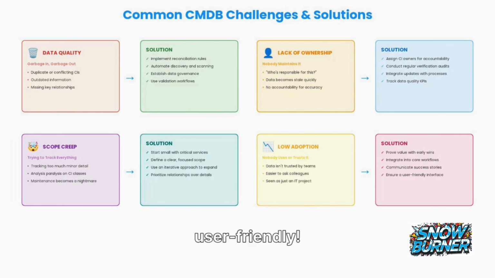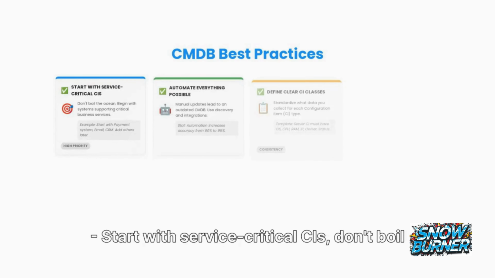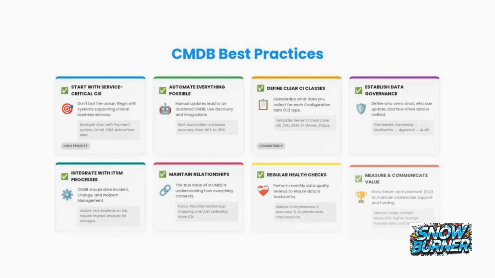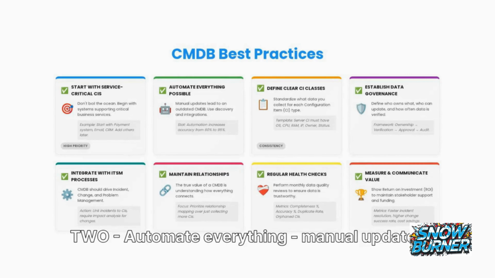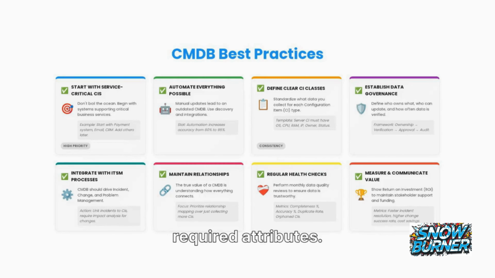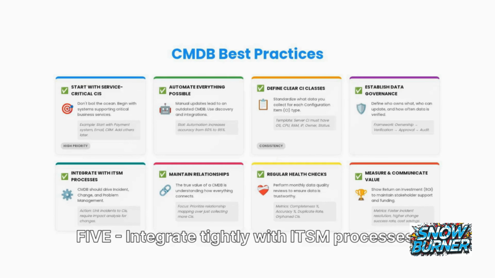Make it user-friendly. 8 CMDB best practices for success. 1. Start with service-critical CIs. Don't boil the ocean. 2. Automate everything. Manual updates fail. 3. Define clear CI classes and required attributes. 4. Establish data governance with ownership and accountability. 5.